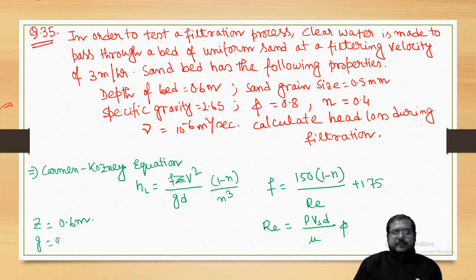g we know 9.81. Diameter of sand particle is given as 0.5 mm, 0.5 into 10 to the power minus 3 meter. Porosity given as 0.4.